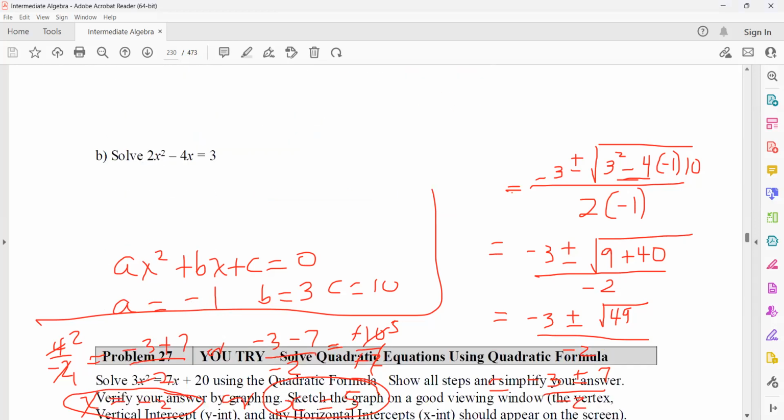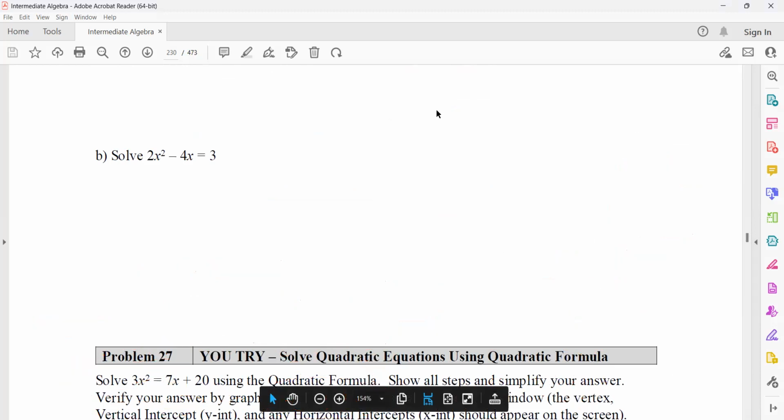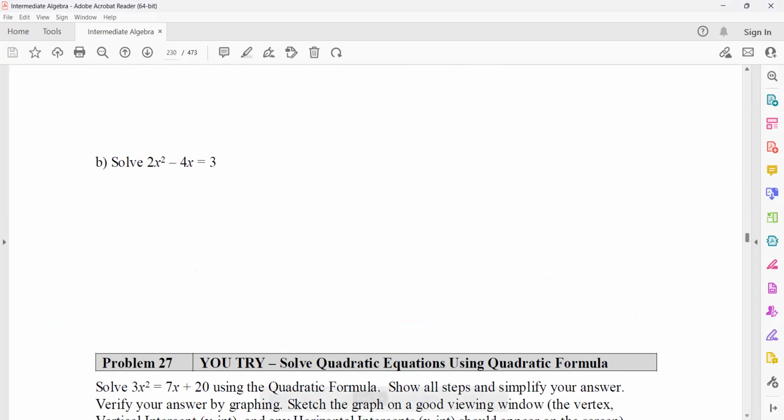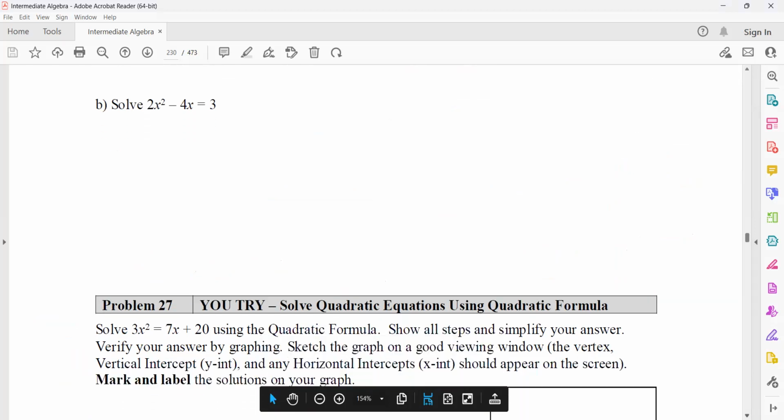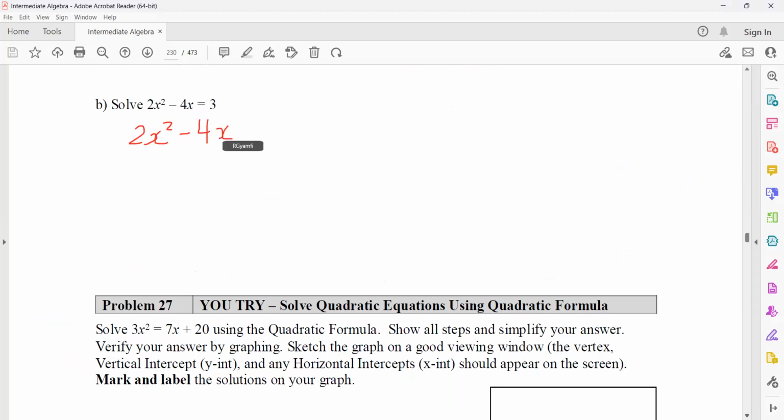So we can look at B. Now for B, you have 2x squared minus 4x equals 3. You could rewrite this as 2x squared minus 4x.